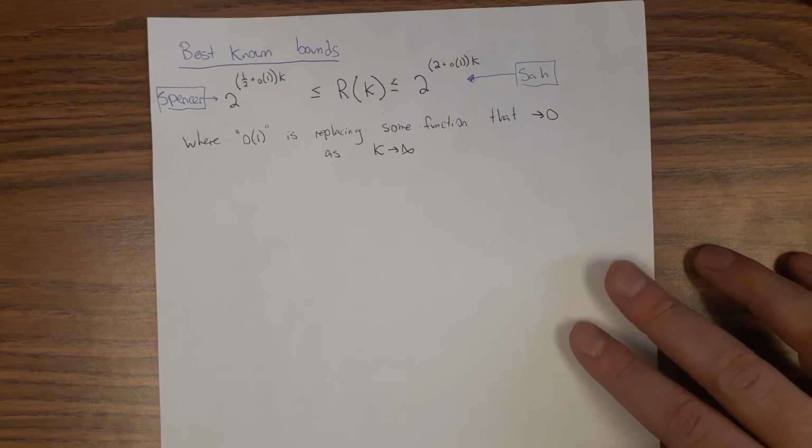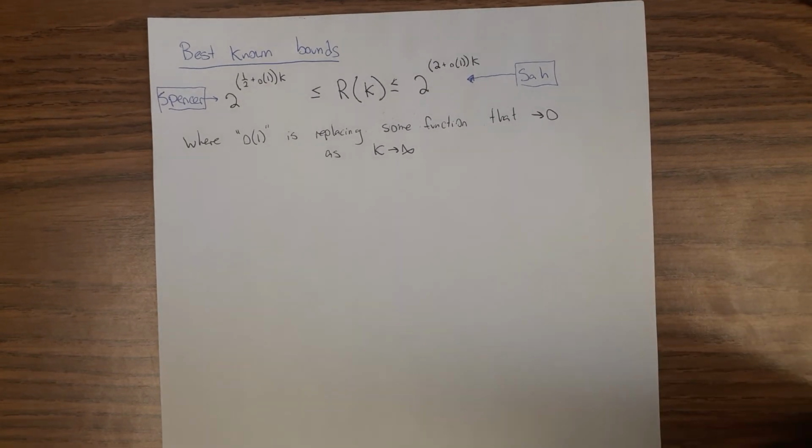The crazy thing is the amount of effort that's been put into estimating Ramsey numbers, and the fact that the upper bound and lower bound that I've shown you today are basically the best known in some sense. That's not exactly true, but I'll explain.